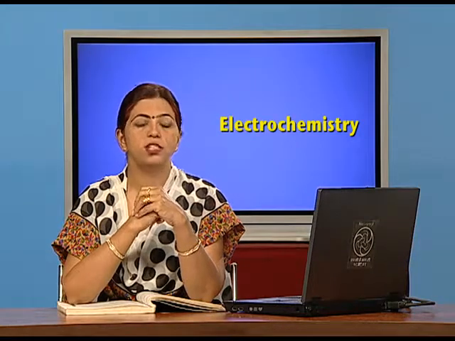We will discuss it one by one. We know that lambda m is equal to kappa into volume, that is conductivity into volume. Now, we are diluting the solution, that means we are increasing the volume. When the volume increases, lambda m increases.